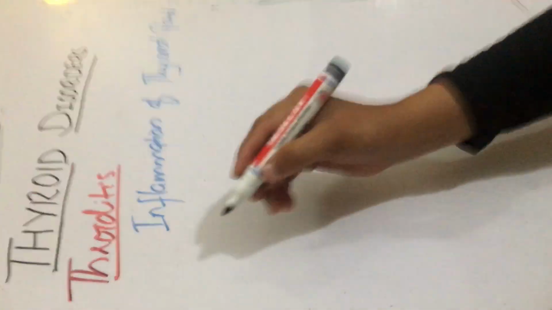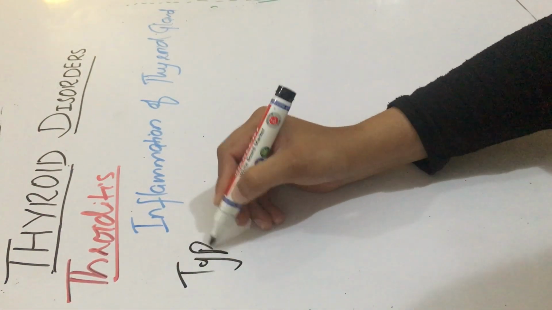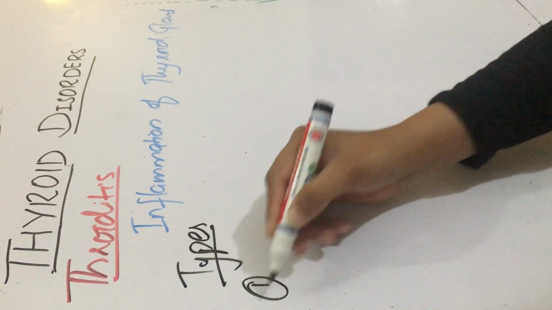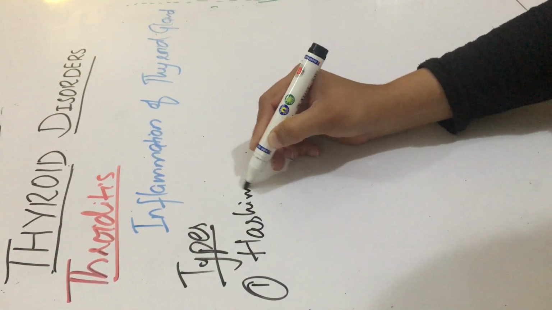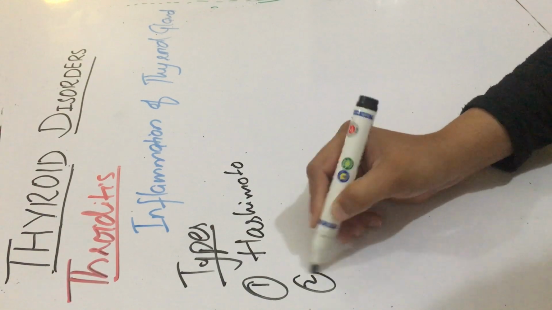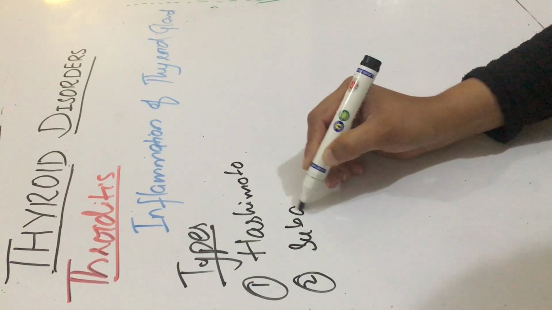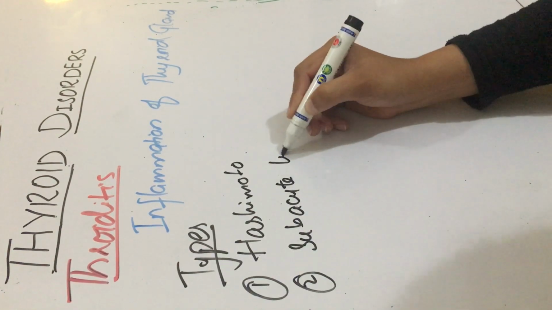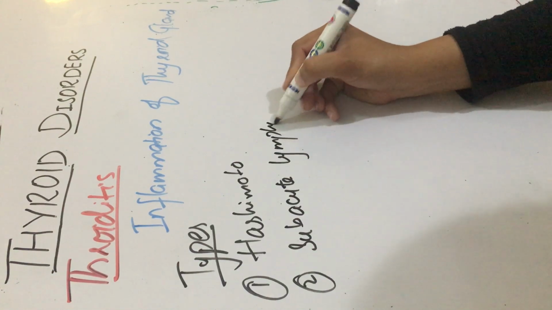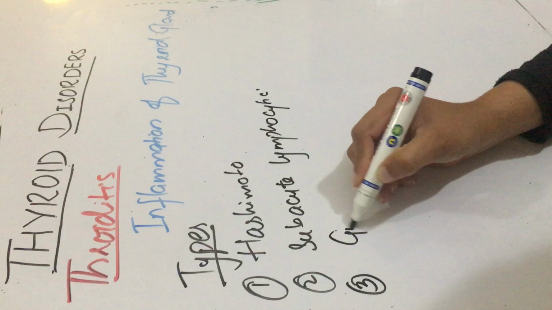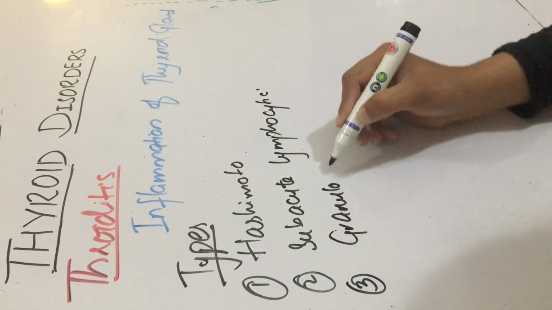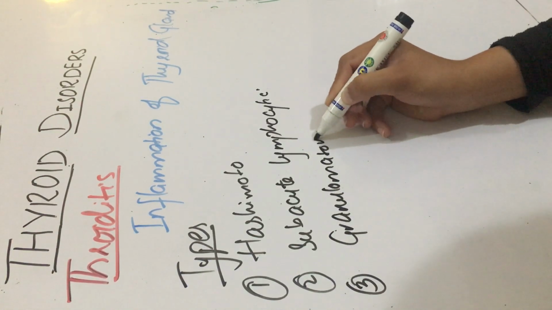Now, there are three main types of thyroiditis. The one is Hashimoto thyroiditis. The second is subacute lymphocytic thyroiditis, and the third is granulomatous thyroiditis.